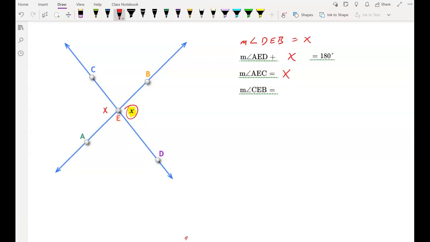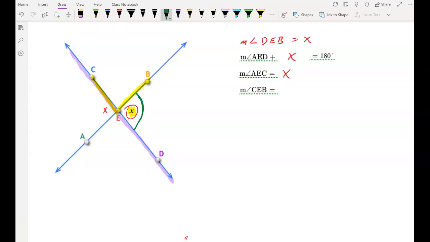But what is the measure of angle CEB? The measure of angle CEB, this one right here. What's the measure of that angle? Well, if the measure of this angle is x, and these two form a straight line, 180 degrees, that means they're supplementary angles to each other, and their measurements add up to 180 degrees.